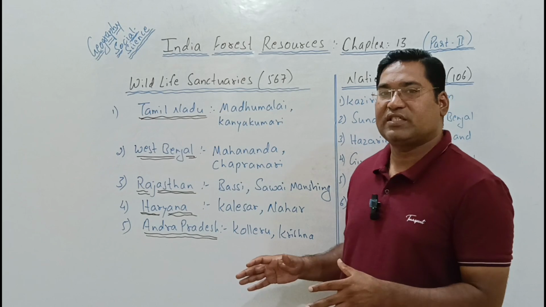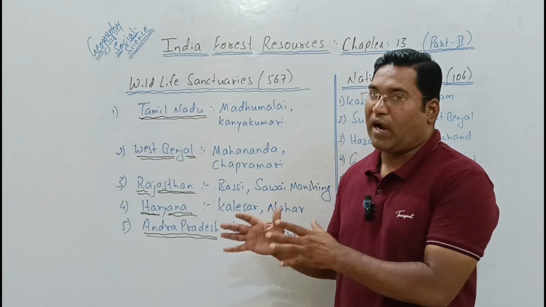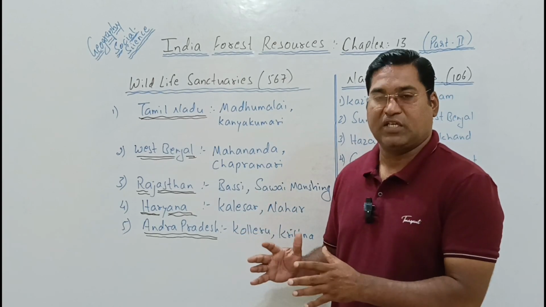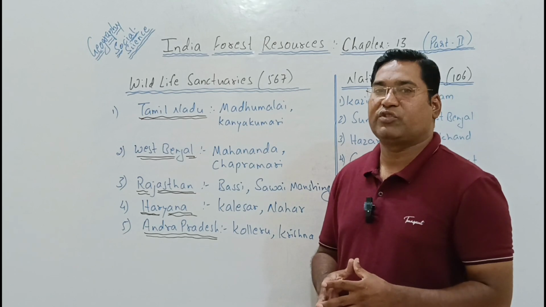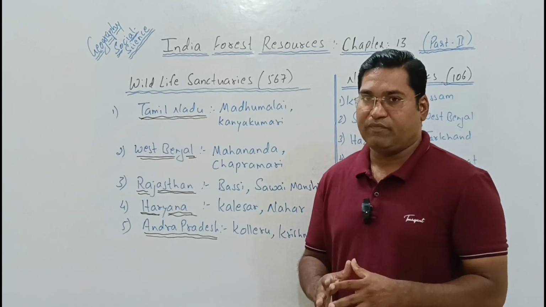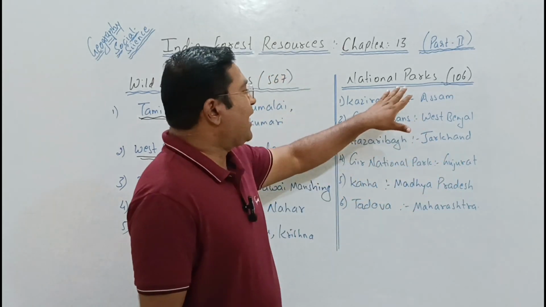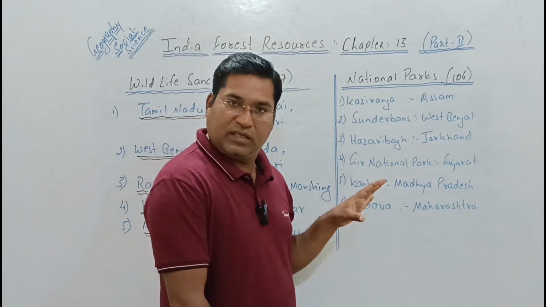A wildlife sanctuary is a natural habitat of wild animals, and sanctuary means for protection purposes. These sanctuaries are made for the protection of wildlife. In the same way, we have national parks in India, near about 106 national parks in the country.